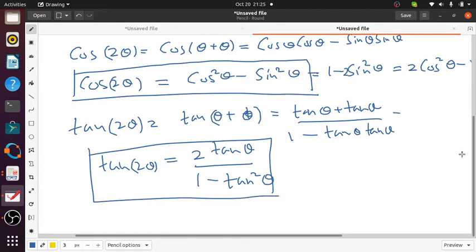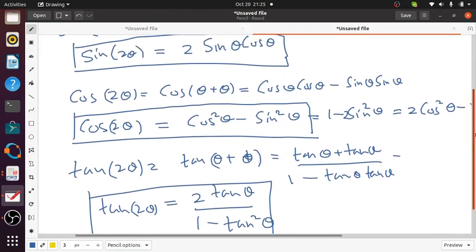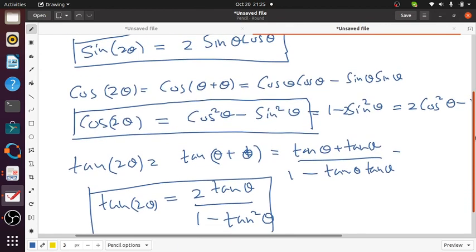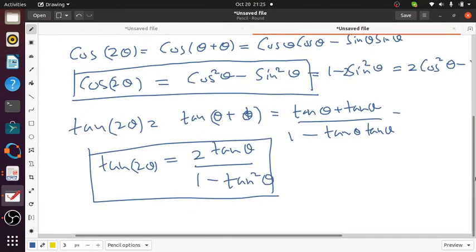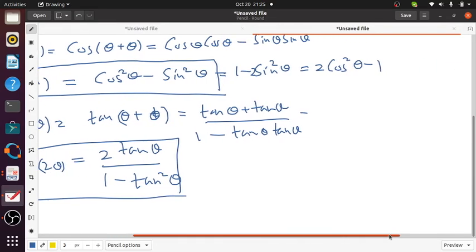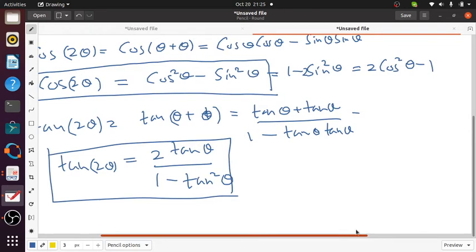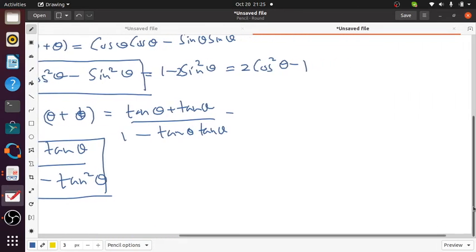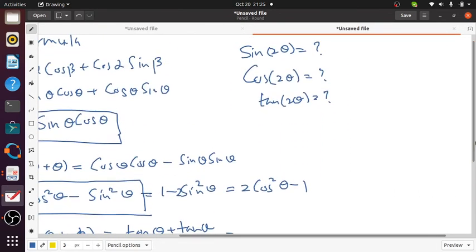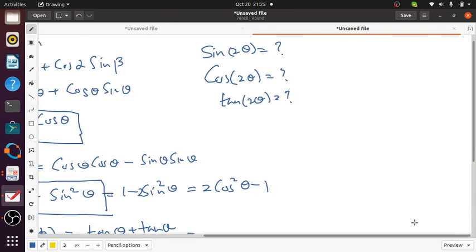So make sure you learn this proof and make sure you remember these formulas, because if you remember these formulas, working with problems is easy, right? Now for example, why do we need this double angle formula?